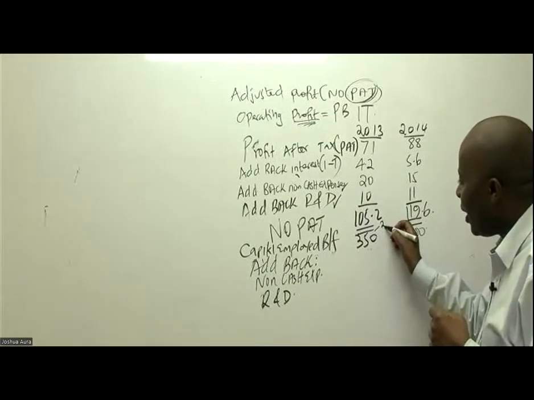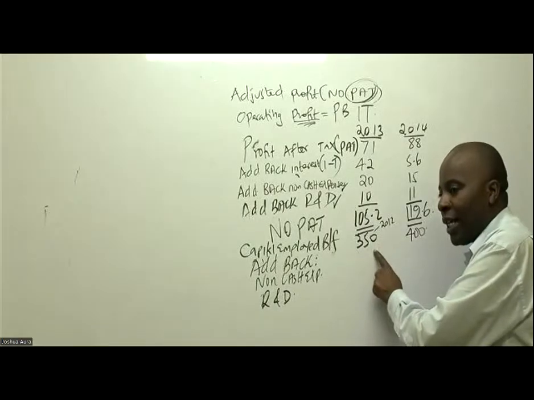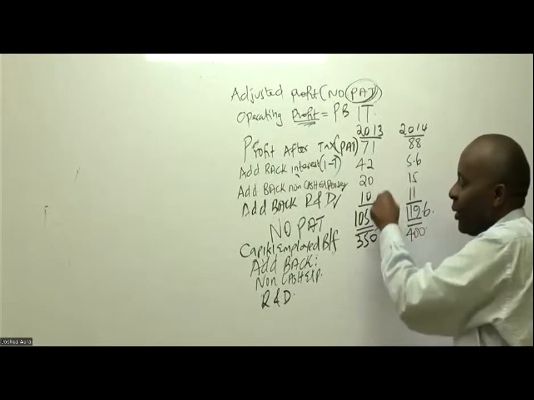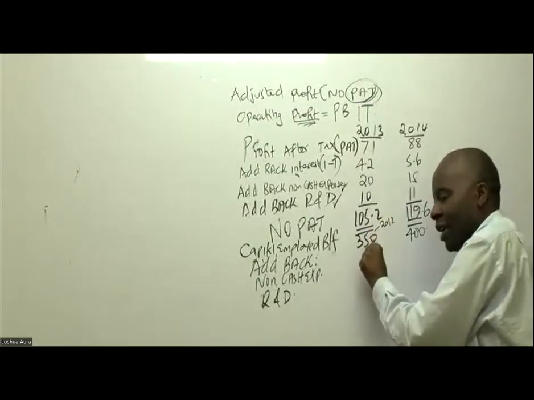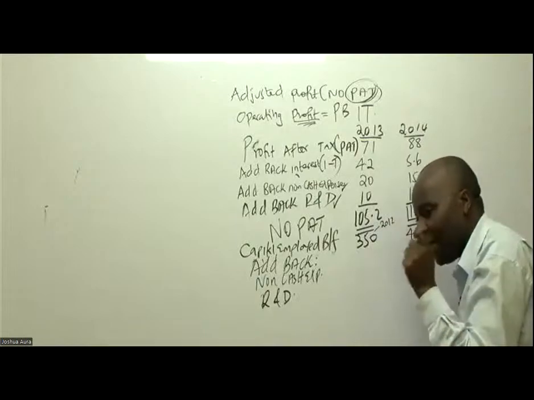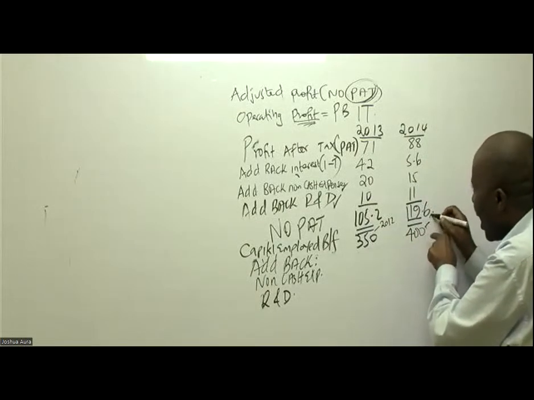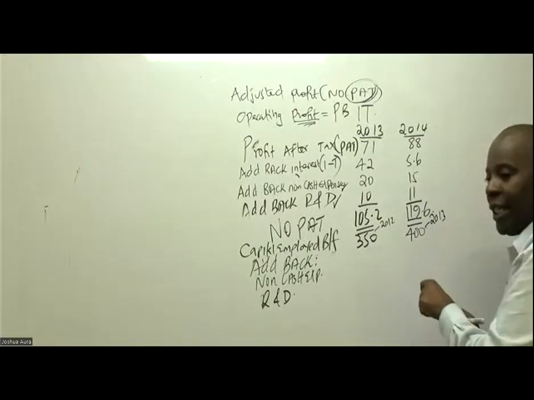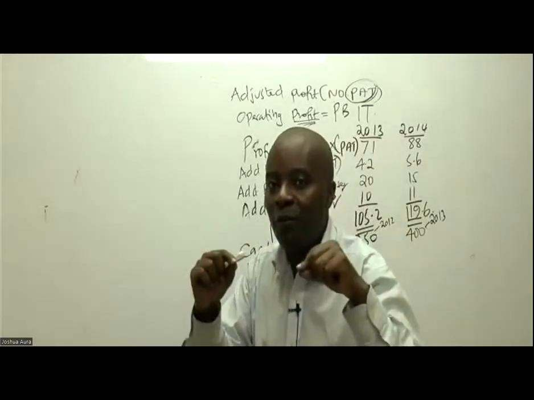I know that all the adjustments to arrive at this figure were done in the year 2013, but you see it's a brought forward figure. So the adjustments that were done to arrive at this figure were the 2012 figures. The adjustments done here to arrive at this figure are at 2013, because you see these figures are brought forward figures.